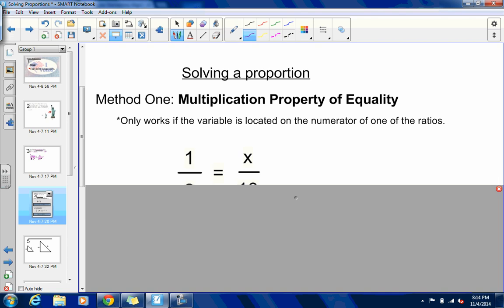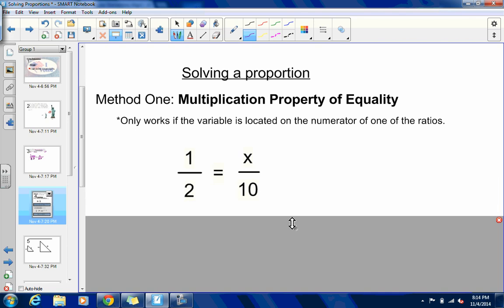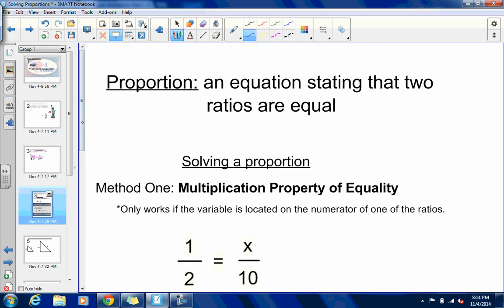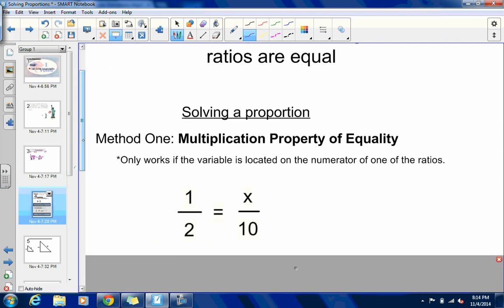All right, so we have our proportion here. If you notice, your one can to $2 is n cans to $10. I used the same numbers, only I left out the labels. So it's 1 over 2 is equal to x over 10. If you think back, we're going to try to solve for this x, so we've got to get rid of everything over here.